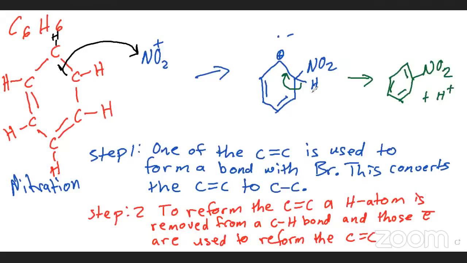So look, if you're on the exam and the mechanism happens to come and you don't remember a lot, just draw your nitronium ion, add it to the benzene ring, and just put back this. If you want, you can write HSO4 minus and remove the proton.